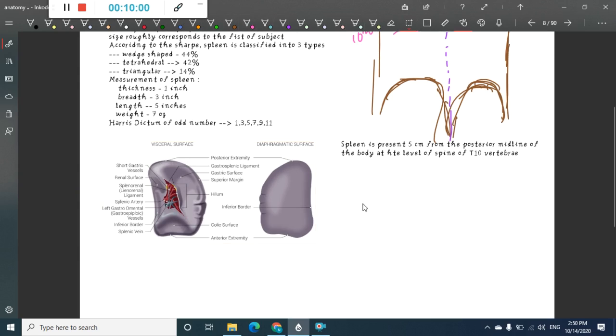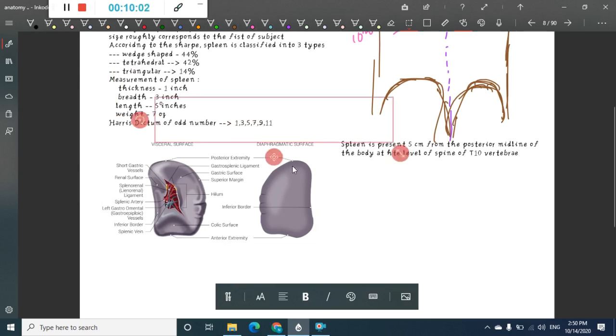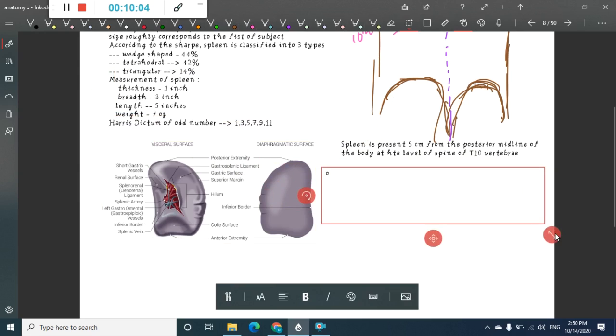So let me write the same again. The spleen has two ends, that is, we have the anterior end and the posterior end. It has two borders, that is, the superior border and the inferior border.